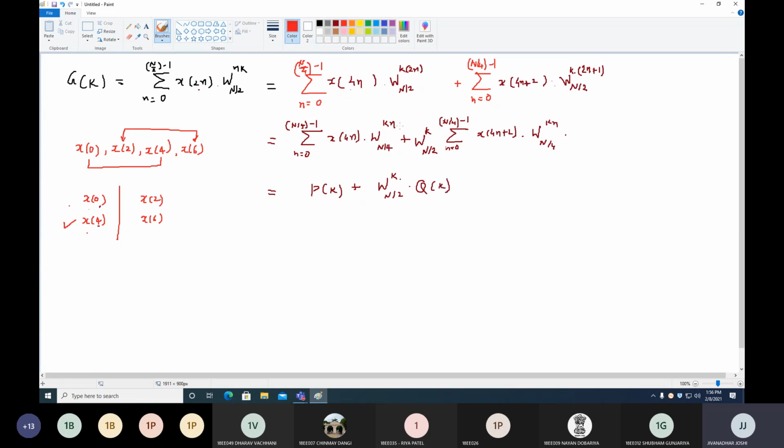So let me just note down the equations for p of k and q of k. p of k is equal to summation n equal to 0 to n by 4 minus 1 x of 4n wn by 4 raised to kn, and similarly q of k is equal to summation n equal to 0 to n by 4 minus 1 x of 4n plus 2 wn by 4 raised to kn.